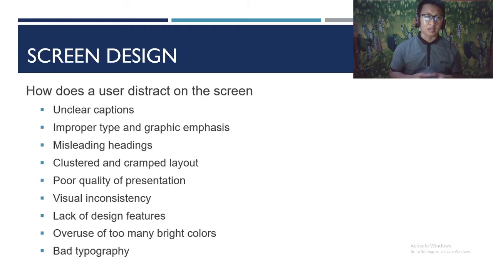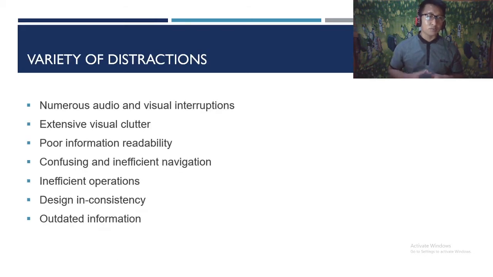Okay, that is the technique. Those are the user's distractions on the screen, so we need to consider this when we create our own design. Alright, so let us proceed to the variety of distractions. What are the variety of distractions to the screen?